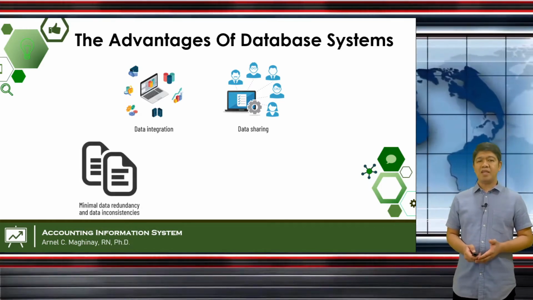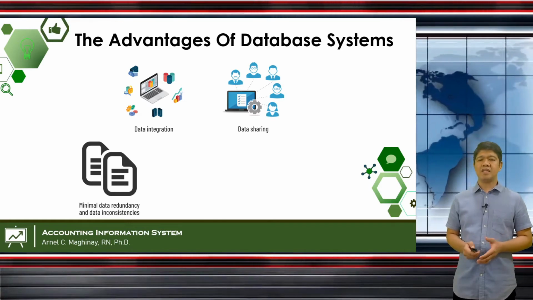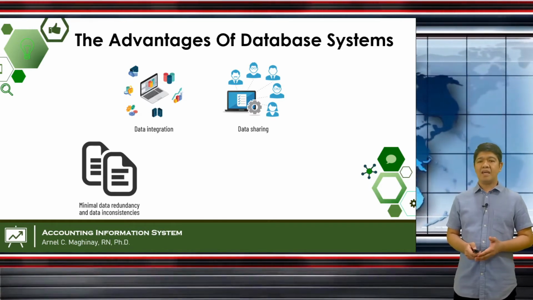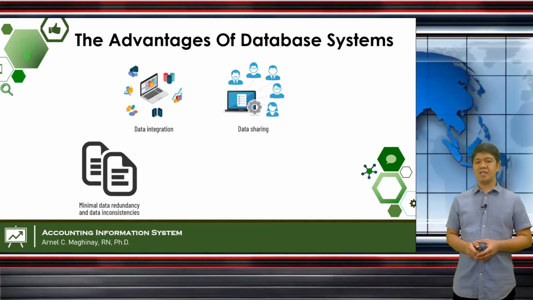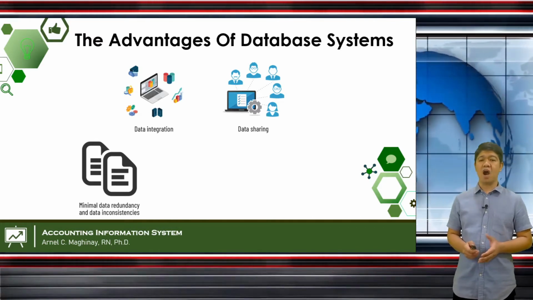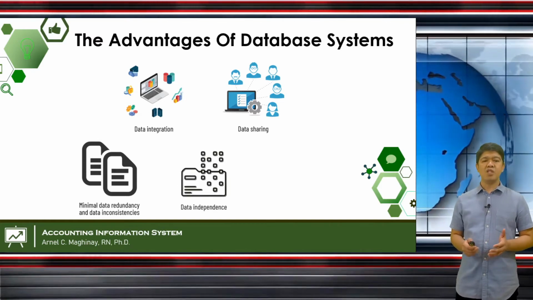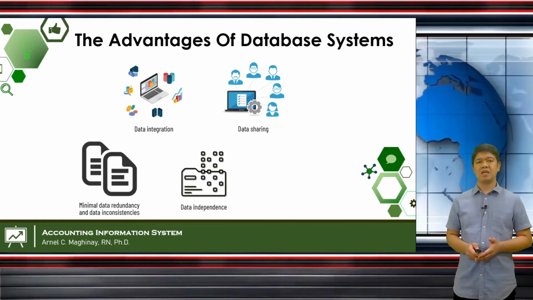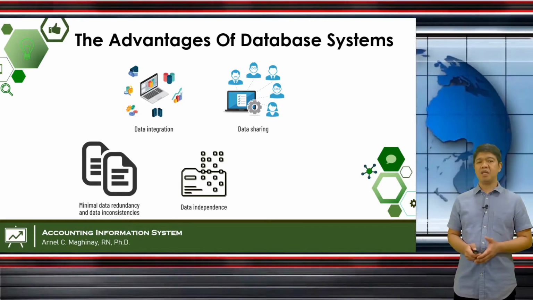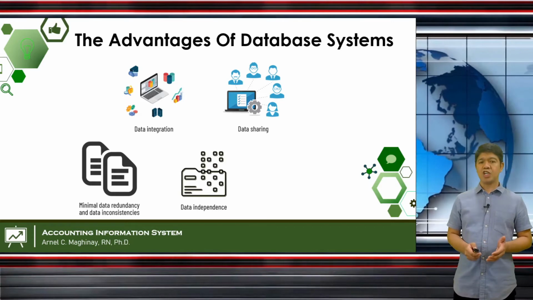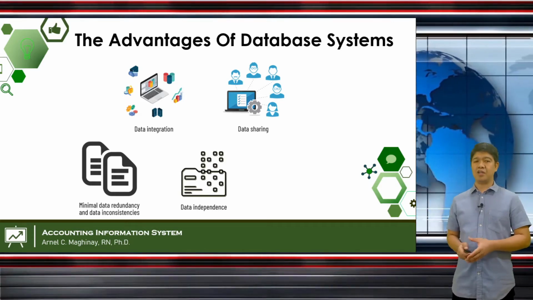Minimal data redundancy and data inconsistencies: because data items are usually stored only once, data redundancies and data inconsistencies are minimized. Next, we have data independence. Because data and the programs that use them are independent of each other, each can be changed without changing the other.